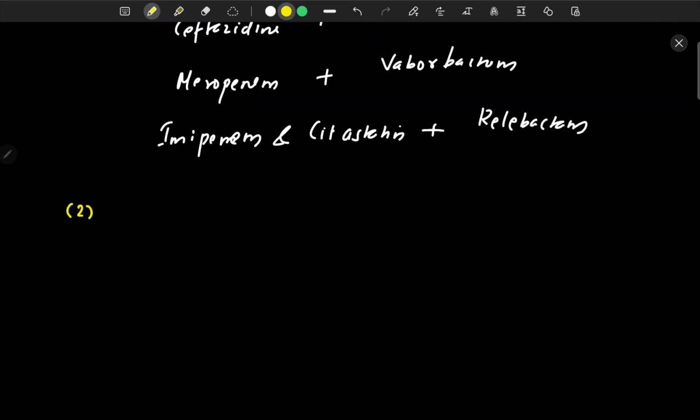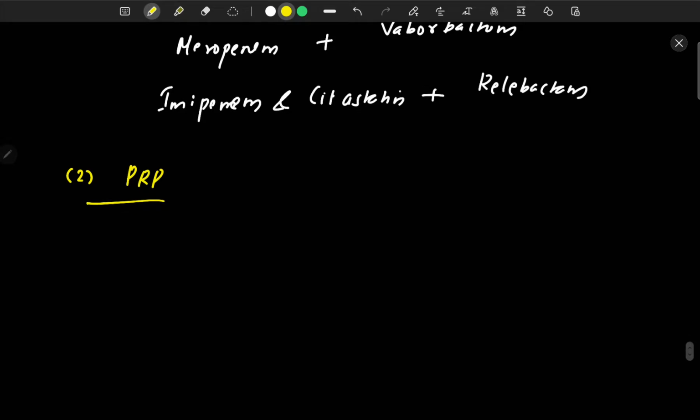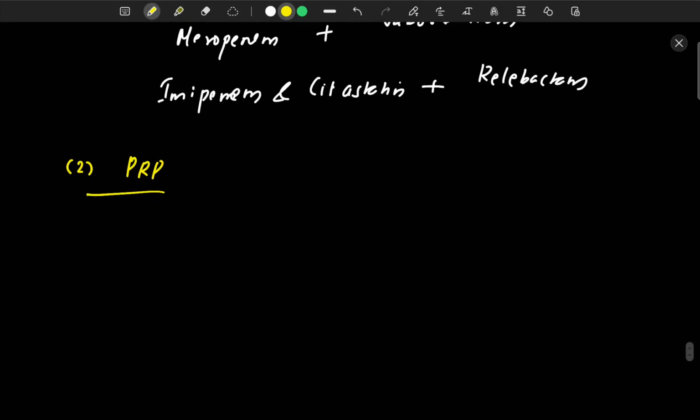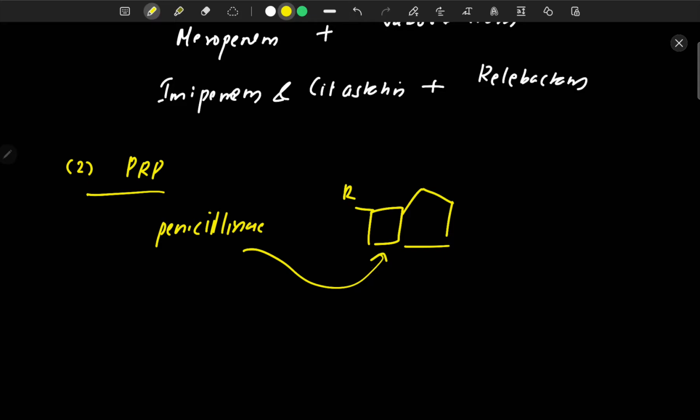The second mechanism we have done is penicillinase resistant penicillin. This penicillinase is actually breaking the beta lactam ring, so we have changed the structure.